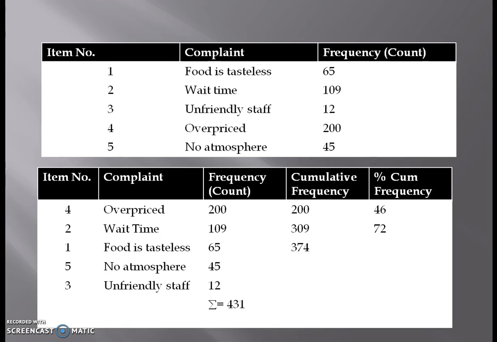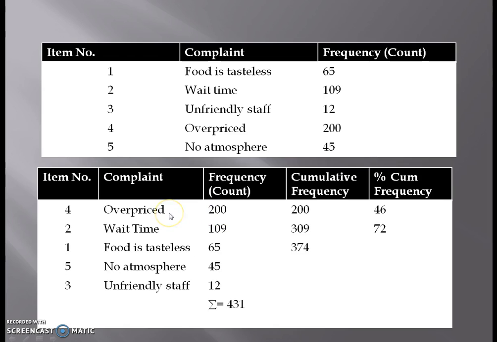So firstly, we must draw out our template or table in descending order with regards to the complaint and the frequency, as well as the item number. What I mean is, our largest complaint or largest frequency was 200.